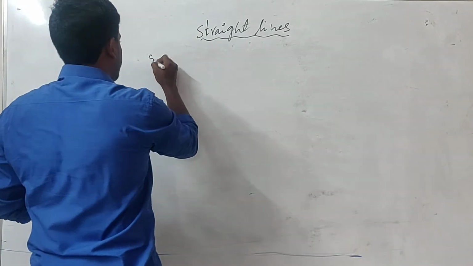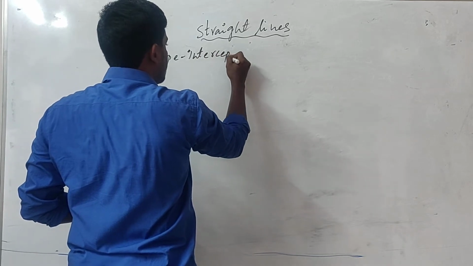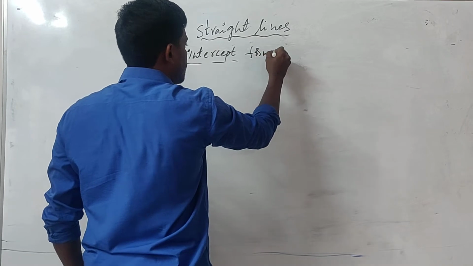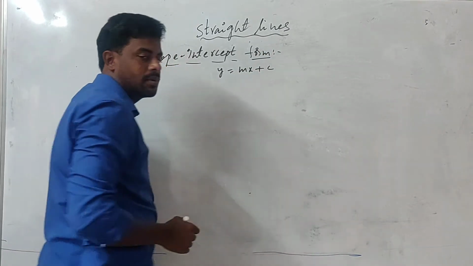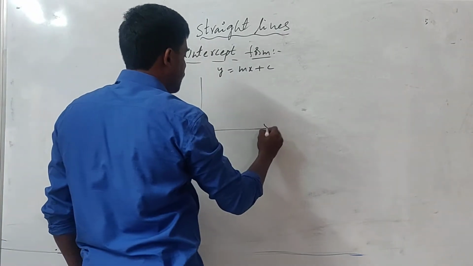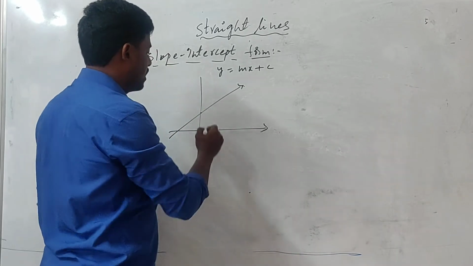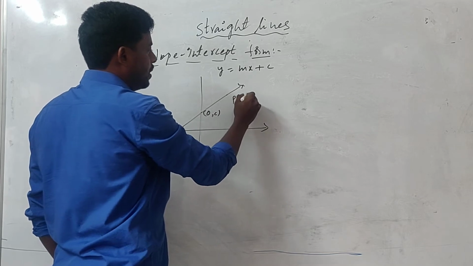Slope and intercept form. This is nothing but y equal to mx plus c, where c is the y intercept. The equation of a line passes through the coordinate axes and cuts the y axis at the point 0 comma c. Let us take one more point P of x comma y.